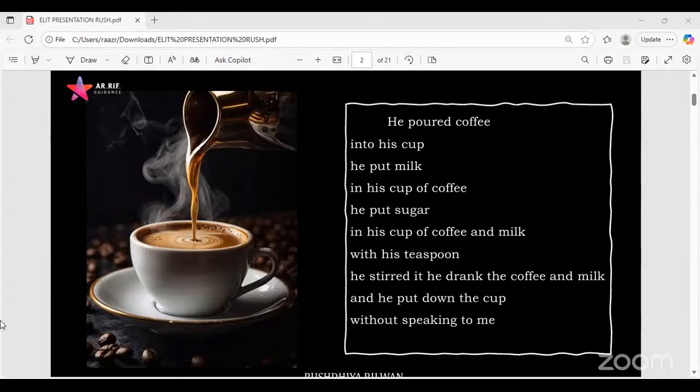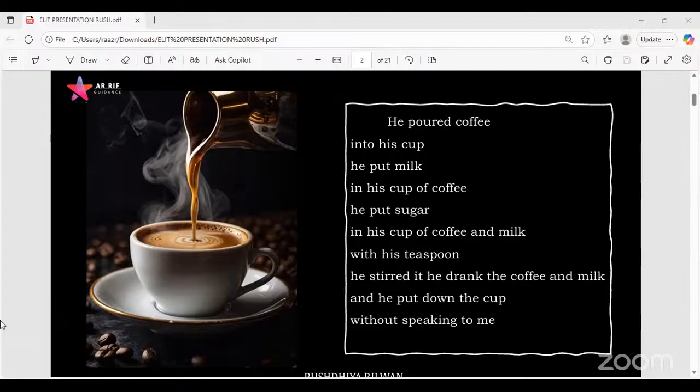Now let's relate the stanza to real life. Many people have experienced a silent moment with someone they love, maybe after a disagreement or when someone is upset. They sit together but don't speak, right? Sometimes silence says more than words.